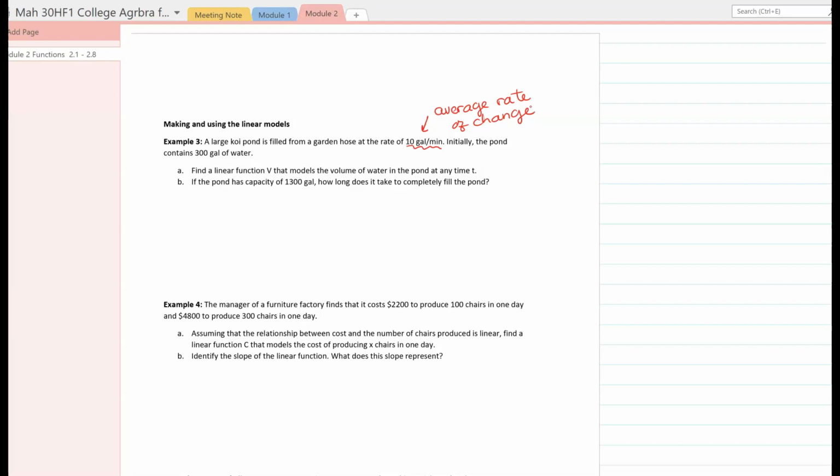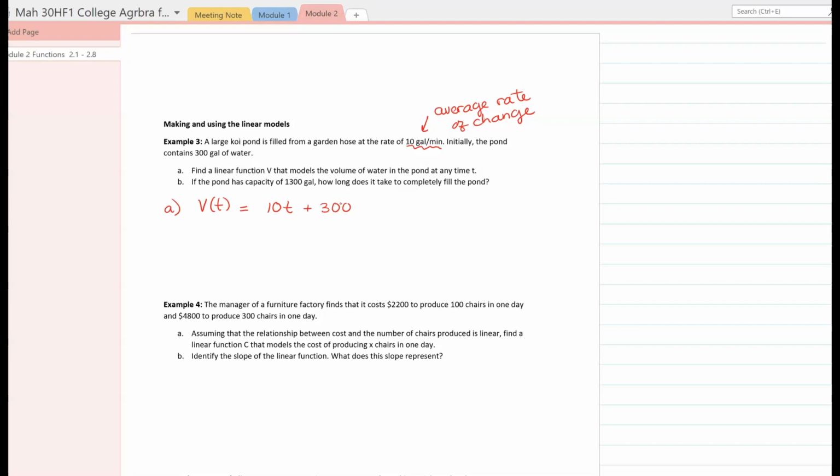So it starts out with 300 gallons of water. Then the function that would represent the volume of the water in the pond at any given time t, V(t), is equal to 10 gallons increase every minute plus the initial amount of water that is in the pond.